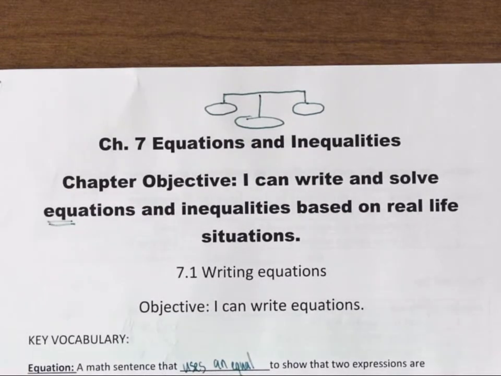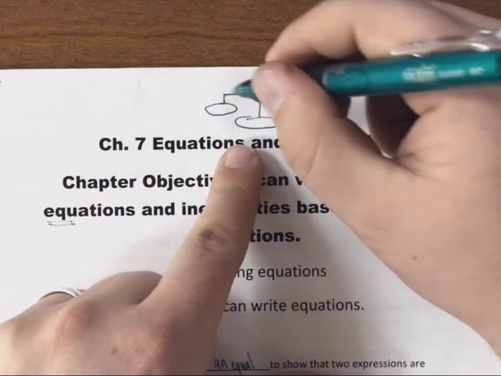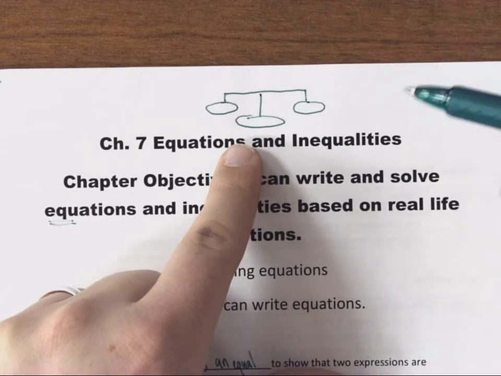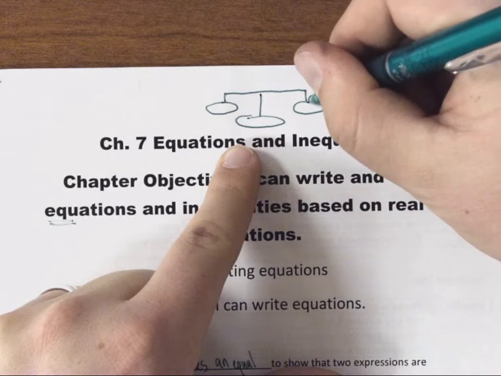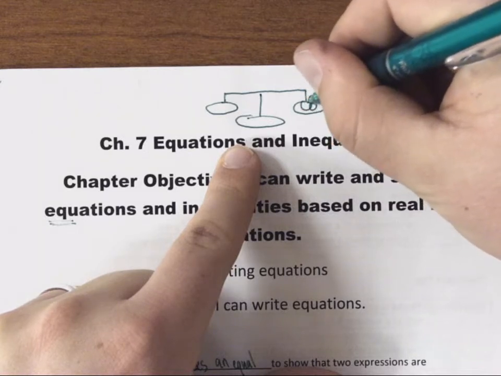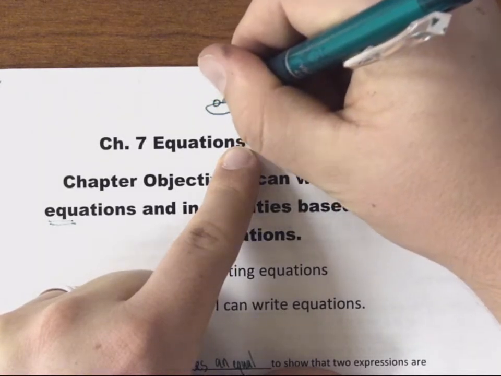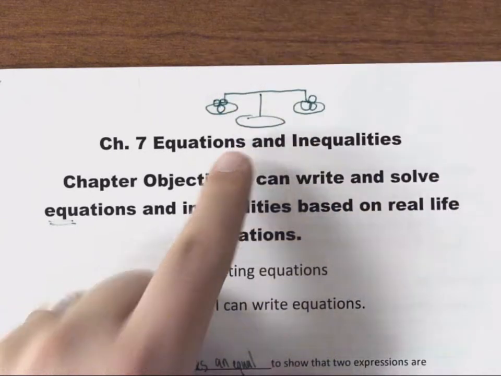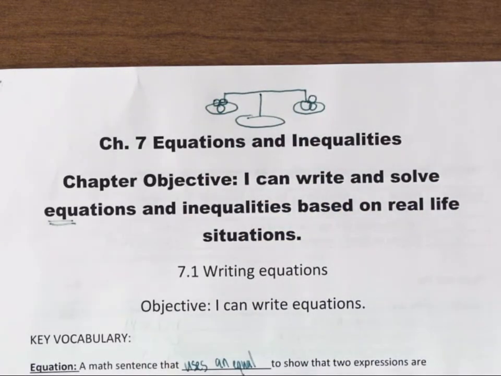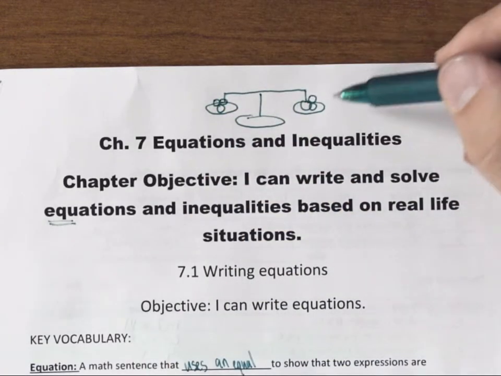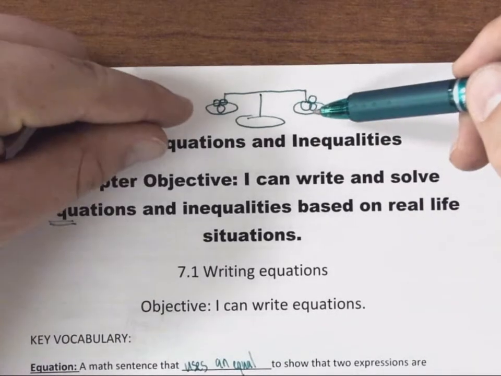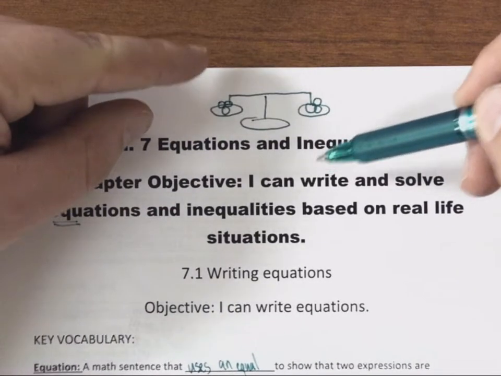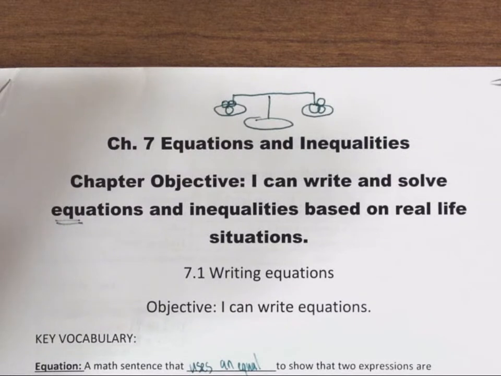In order for it to be balanced or remain level, you have to have the same amount of weight on both sides. If you put an unequal amount of weight on either side, the scale would tip one way or the other. So we have to make sure that they remain balanced.